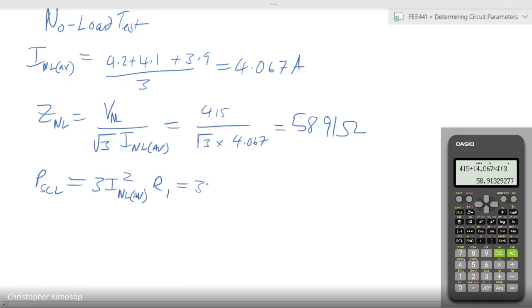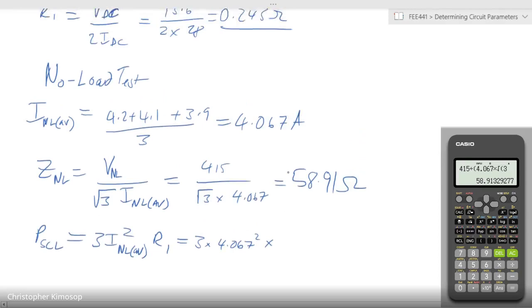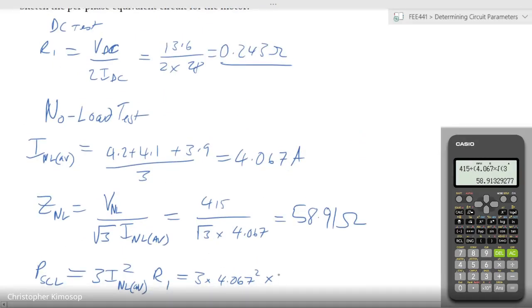So this is given by 3 times 4.067 squared times the resistance, which was 0.243. That in turn gives us 12.05 watts. These are the stator copper losses when you have no load.